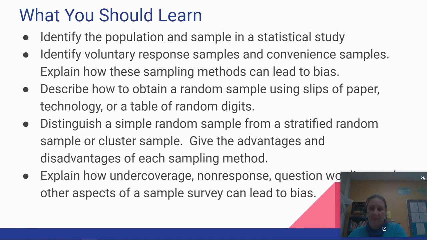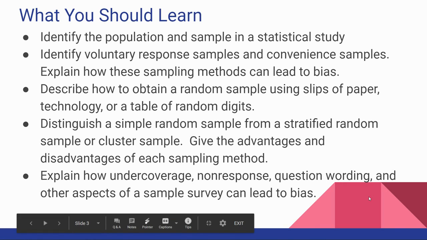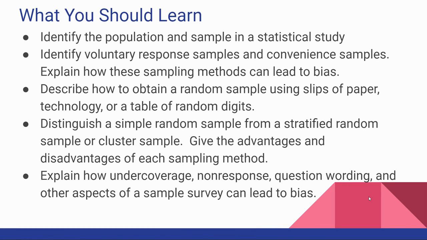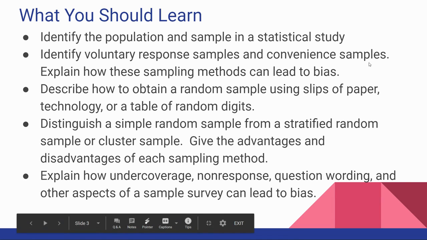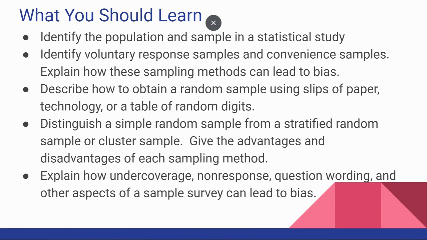So what you should learn is you should learn to identify the population and sample in a statistical study, identify voluntary response samples and convenience samples, explain how these sampling methods can lead to bias, describe how to obtain a random sample using slips of paper, technology, or a table of random digits, distinguish a simple random sample from a stratified sample, random sample, or a cluster sample, give the advantages and disadvantages of each sampling method, and explain how undercoverage, non-response, and question wording and other aspects of a sample survey can lead to bias.